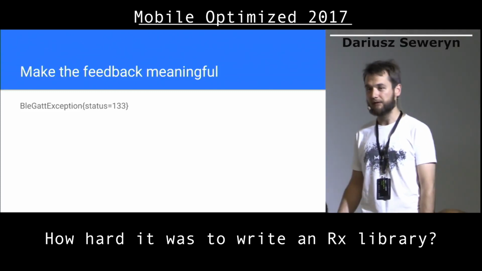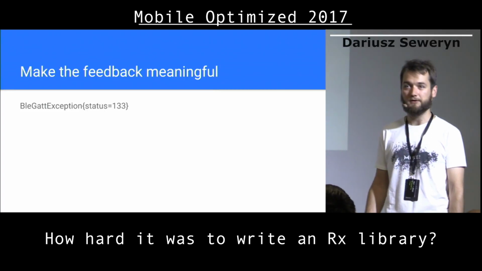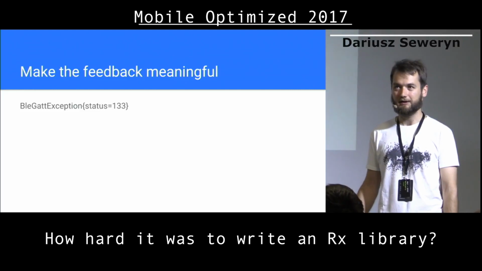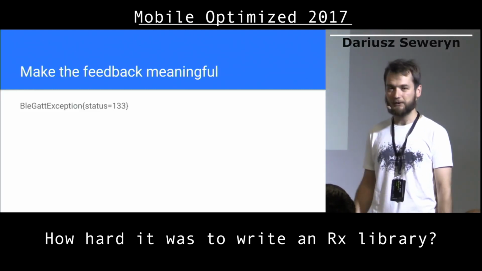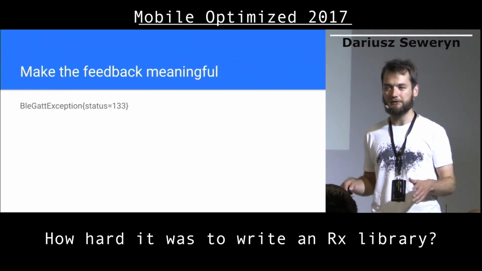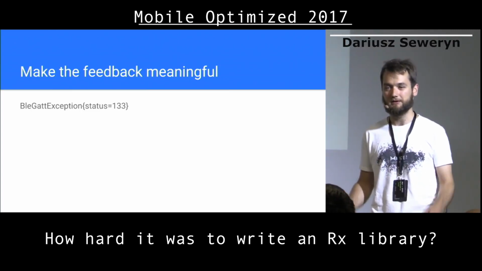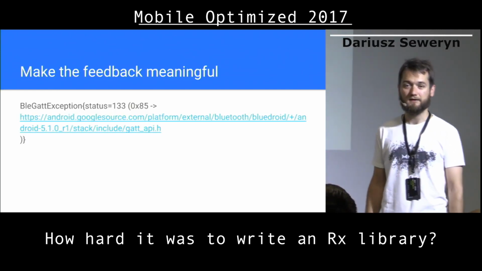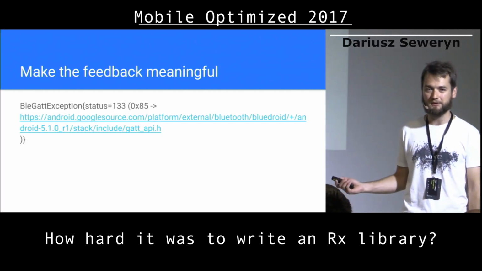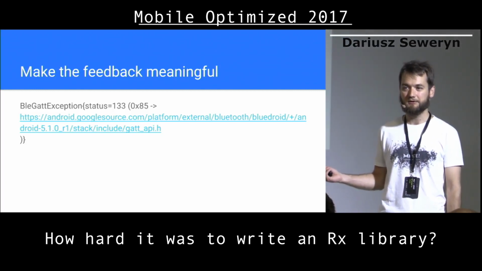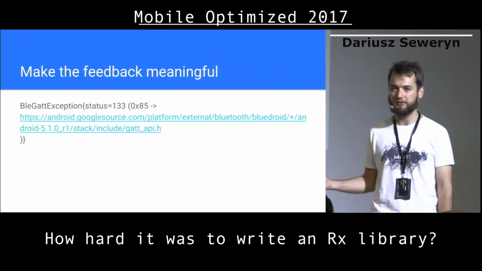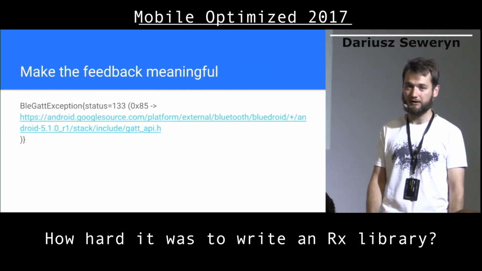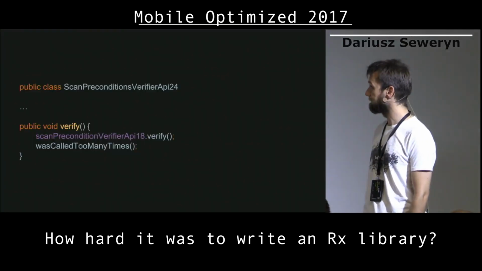Later on, I stumbled upon a header file of a C file in the Android source files, and found out that every single error is described there. So I thought that, hey, maybe this will help. And suddenly, after deploying this little change, when printing the exception, a lot fewer people came to me to ask what the problem was. And this will save your time and, again, the time of your users.